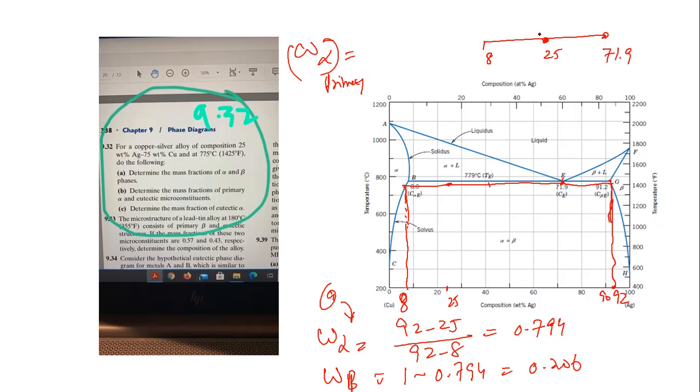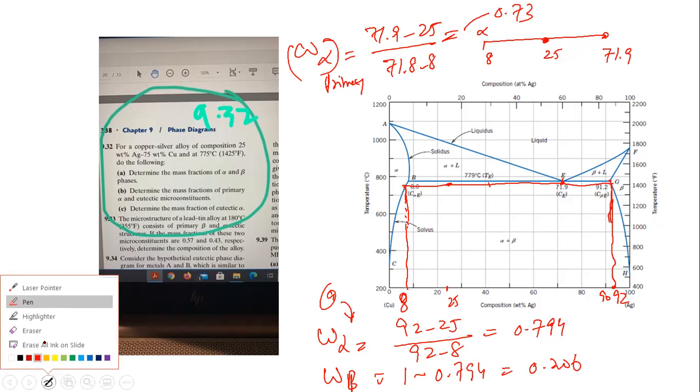For the primary alpha, it will give you 71.9 minus 25 divided by 71.9 minus 8. As I already told you, we see the opposite side. So it comes out to be 0.734.